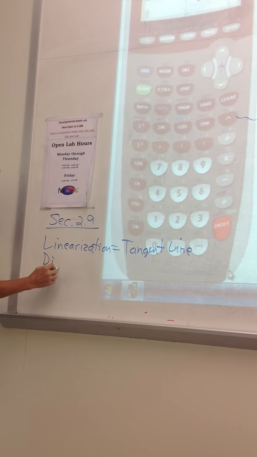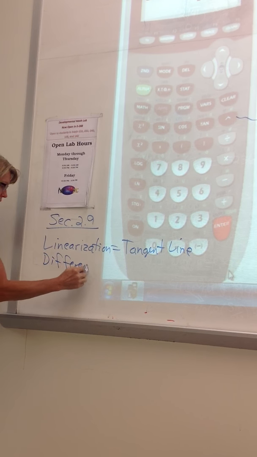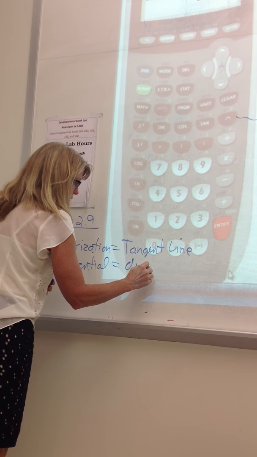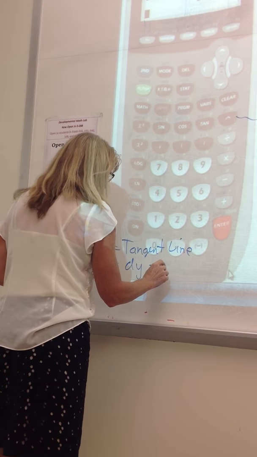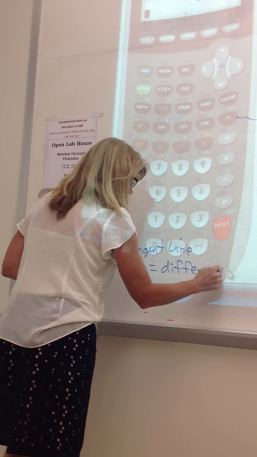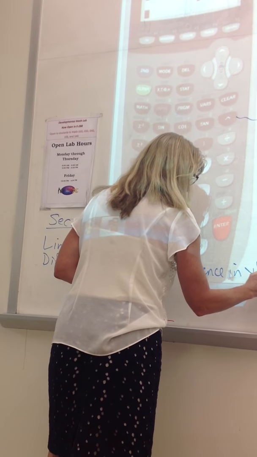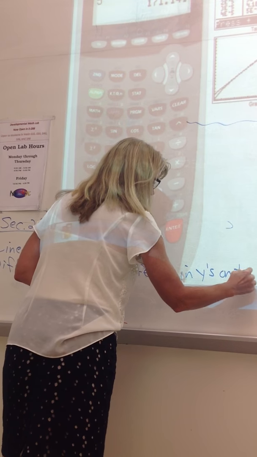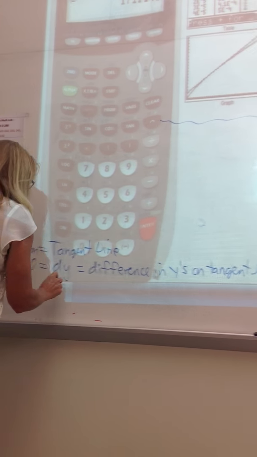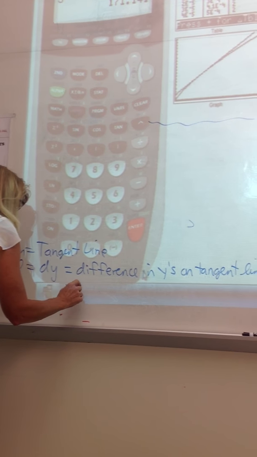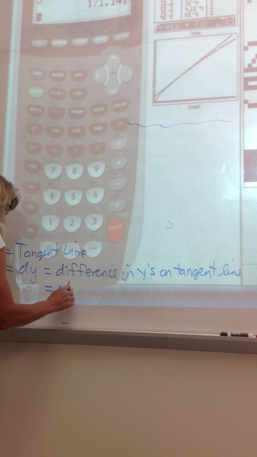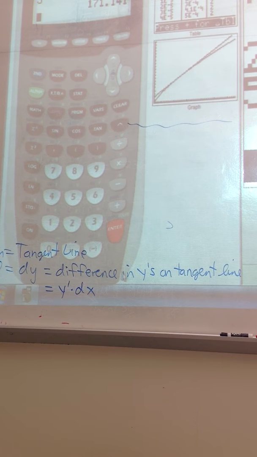And then differential means dy, which is technically the difference in y's on the tangent line. But it's also equal to the derivative, so y prime times dx.